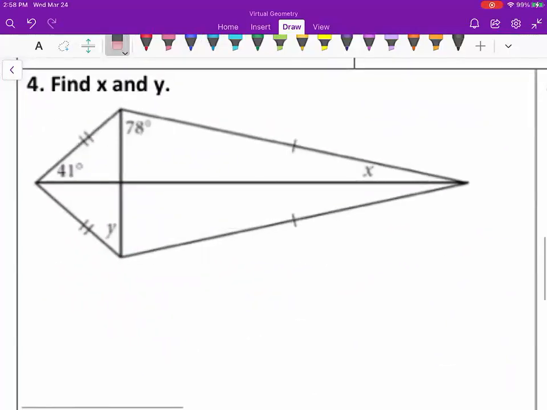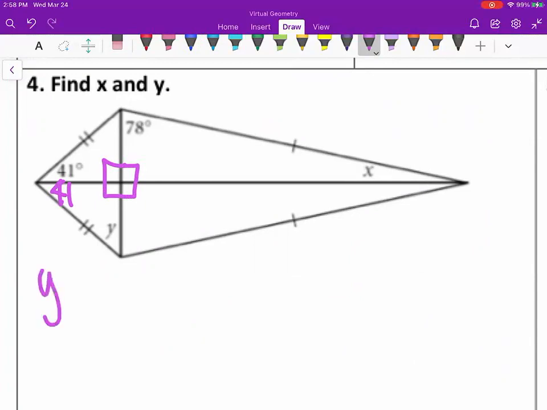All right, example 4, very similar to the one we just did. Find X and Y. So right now, again, I know in the middle there are four 90s going on. The 41 is a piece of my vertex angle, so I can copy it into the bottom one. So there's the exact same process we did earlier.